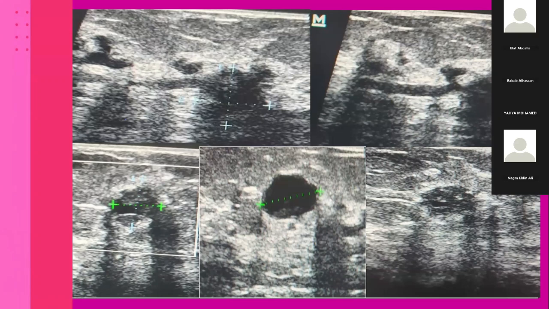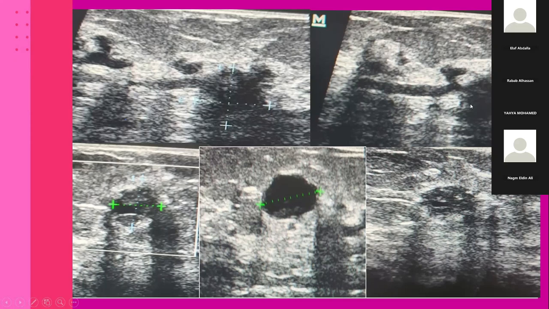And that is the lesion, okay? This is one of the lesions we have seen in the mammogram, and that is the other one. Both represent a complex cyst with a focal mural nodule, with non-circumscribed margin.